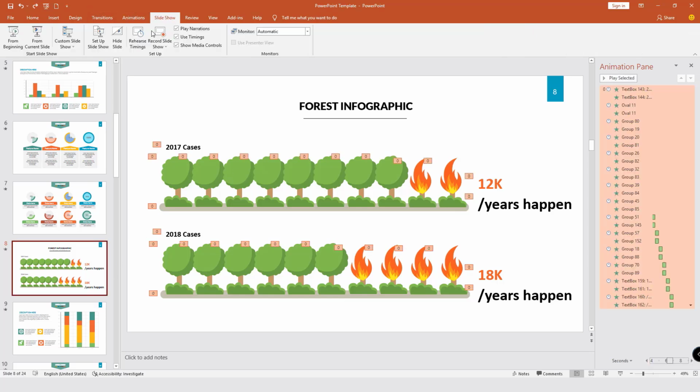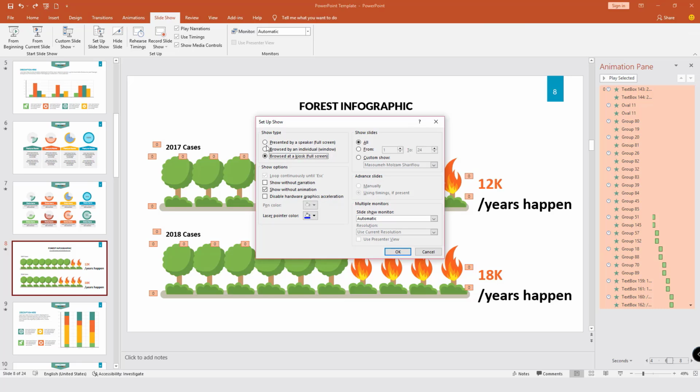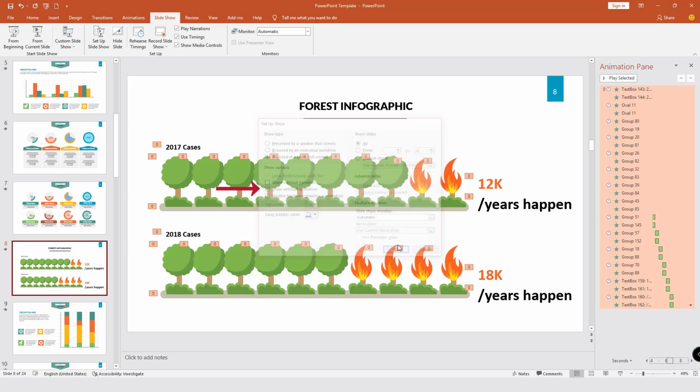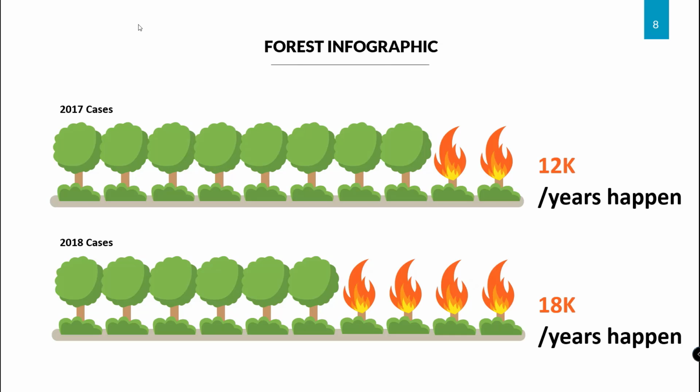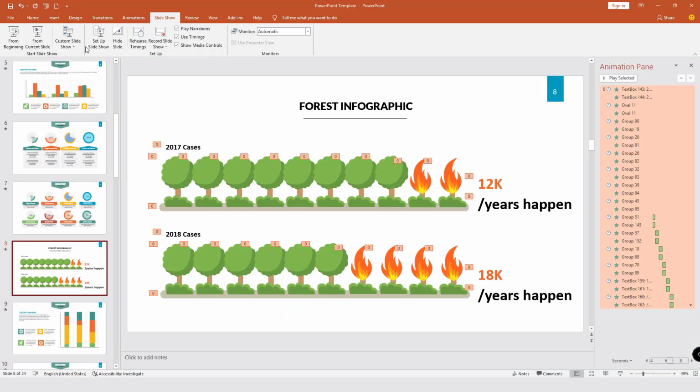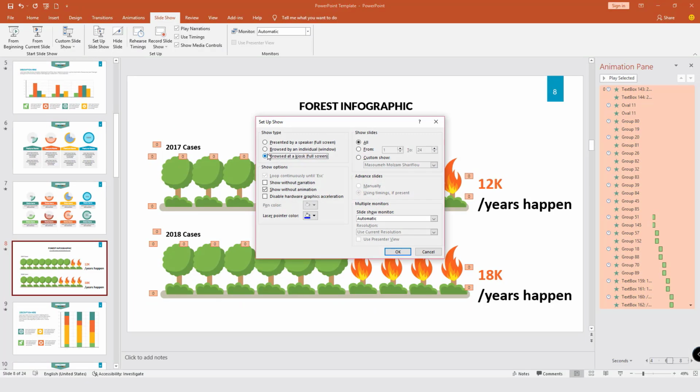While this option is in Setup Slideshow, if you activate show without animation and click OK, and then see the output, your slide will play without showing the animations. It is on the third option, and that is why the presentation is locked. Let me select the first option and then click OK.